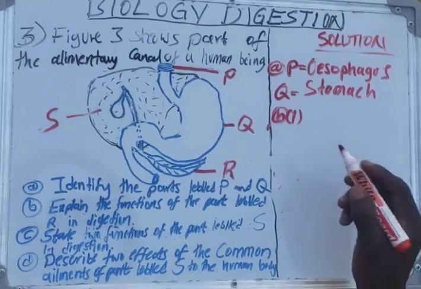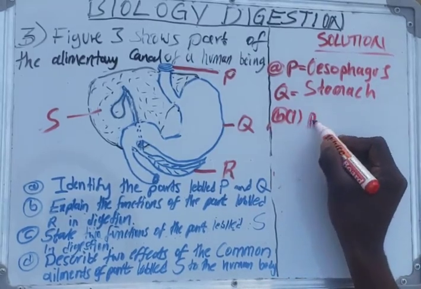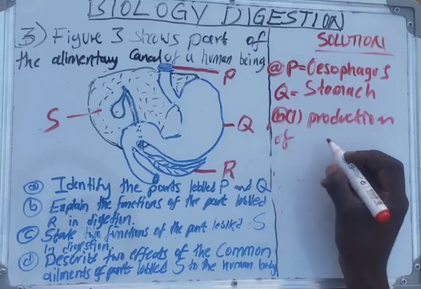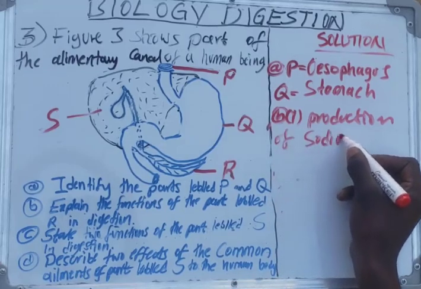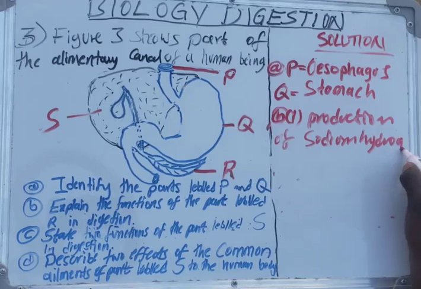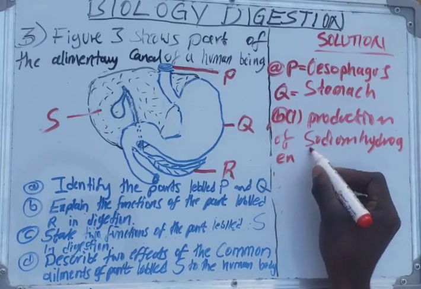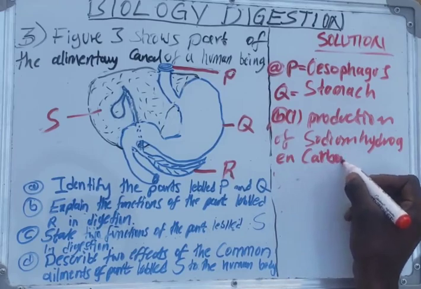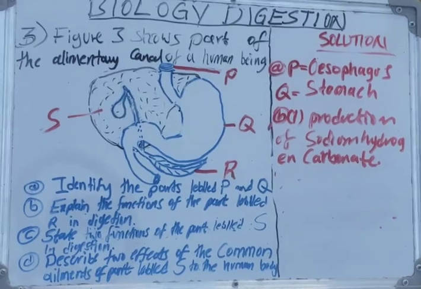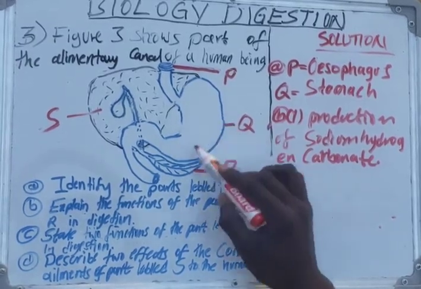So production of sodium hydrogen carbonate. Now what is the use of sodium hydrogen carbonate? It neutralizes the acidic chyme which comes from the stomach.